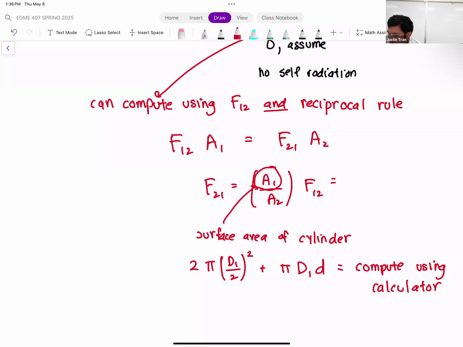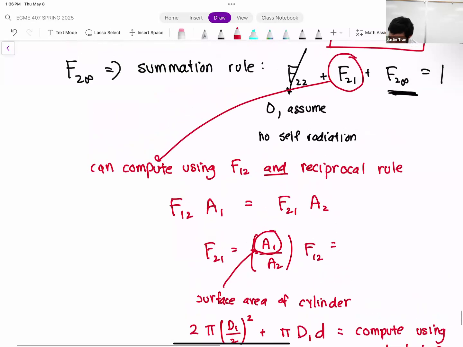The value should be pretty close to F12 actually, but I don't want to put any false numbers here. You have all the numbers to compute this. With this, we can compute F21, plug it in up here, and then use that to compute F2 infinity using the summation rule.